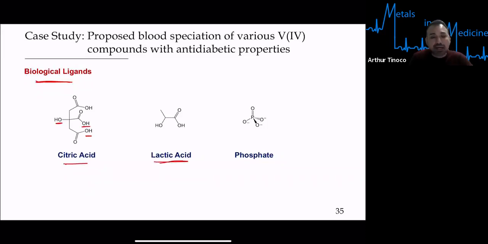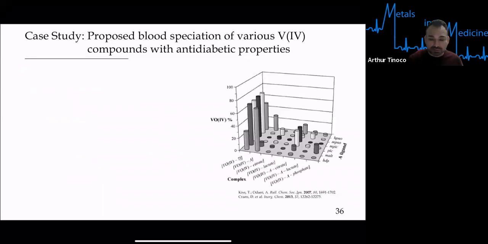You have lactic acid that has the capability of metal binding in a bidentate modality. Phosphate groups also have the capability of metal binding. And so these are things that can complicate metal speciation.